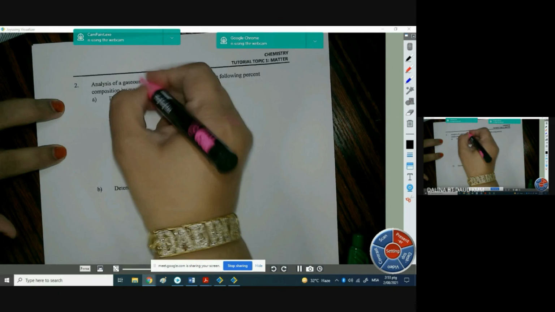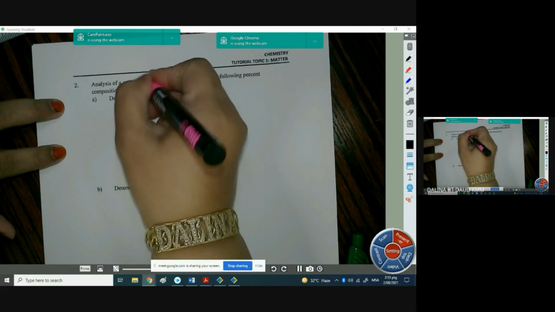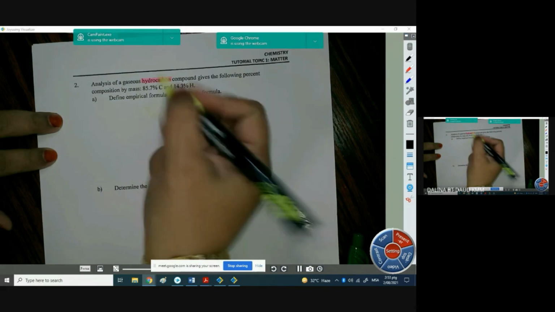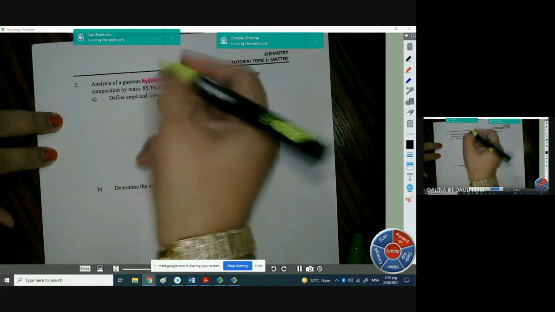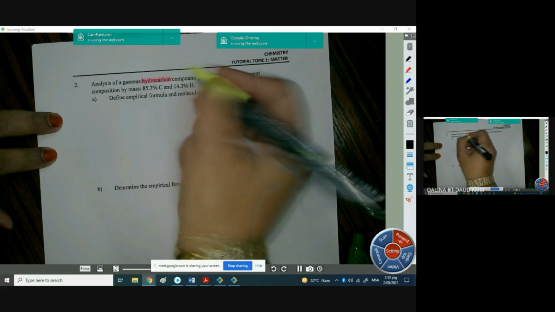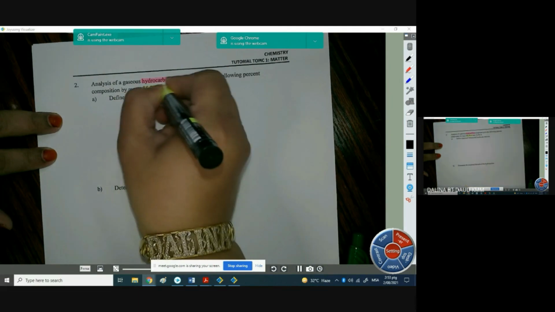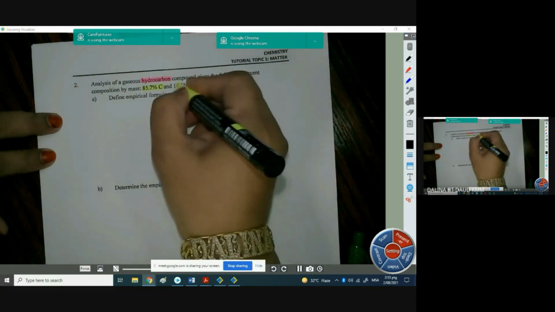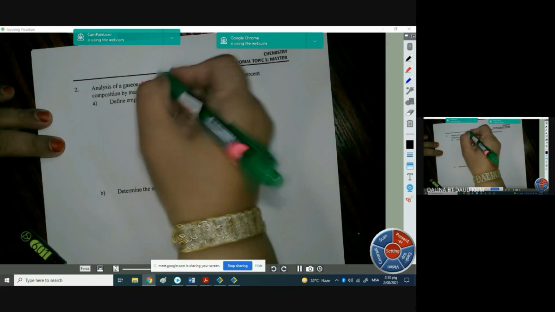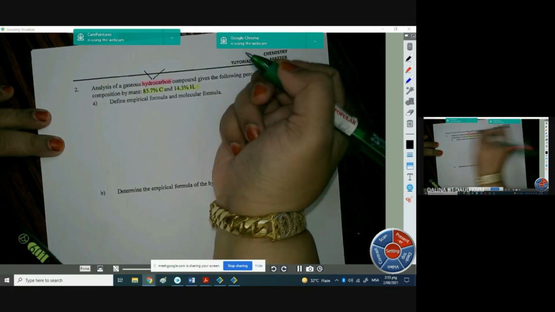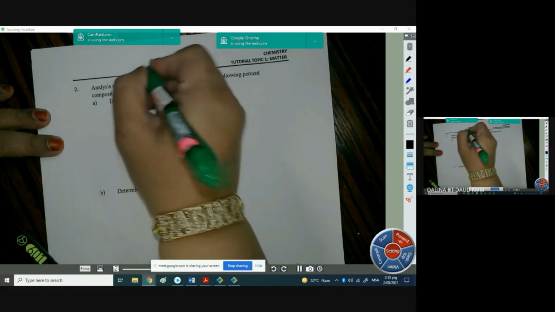The keyword here is hydrocarbon. The compound gives the following percentage composition by mass: 85.7% of carbon and 14.3% of hydrogen. Because this is a hydrocarbon, the elements must be hydrogen and carbon.